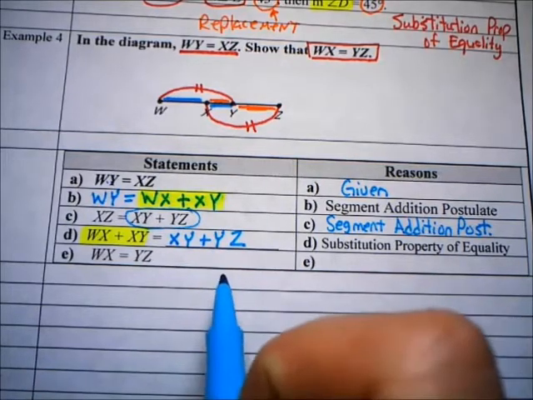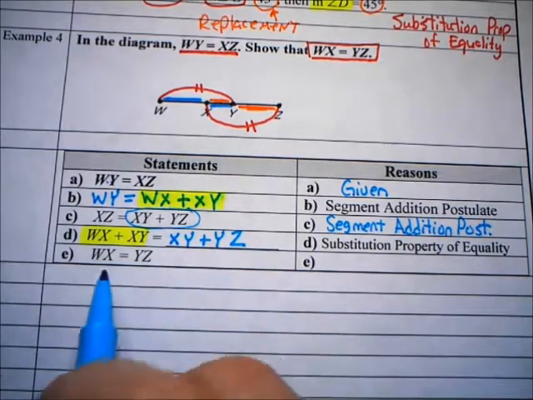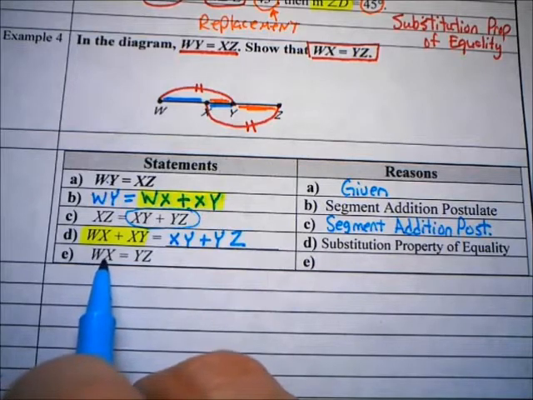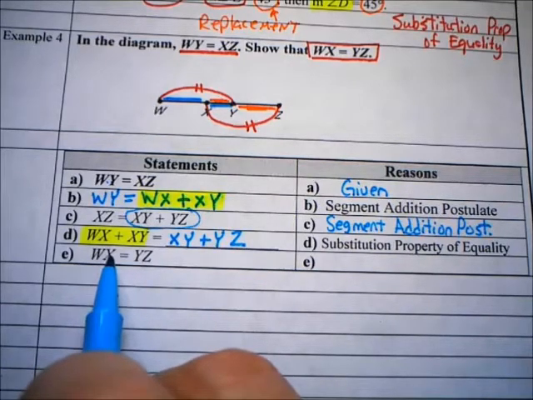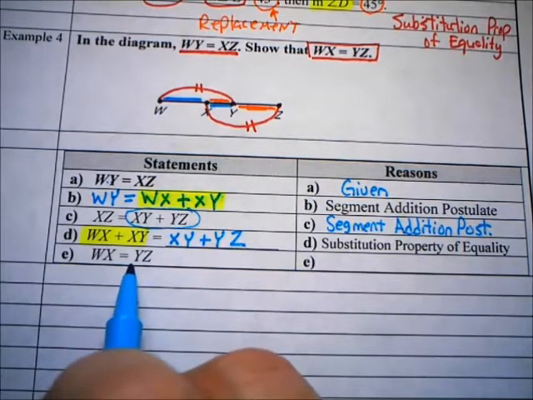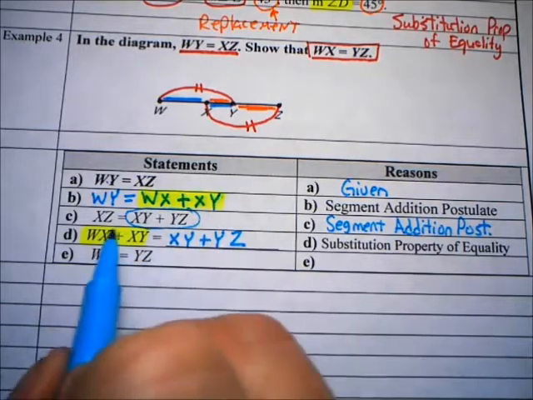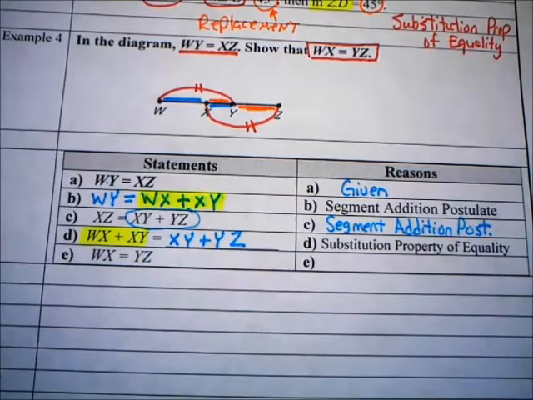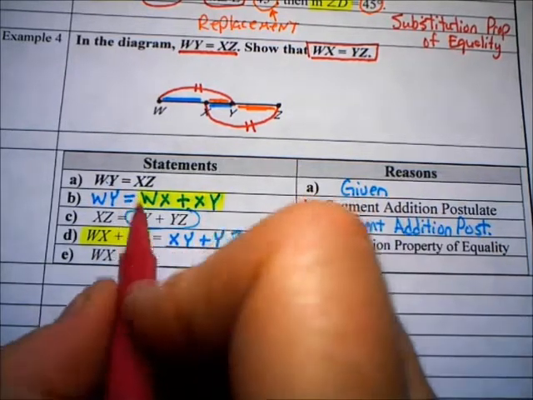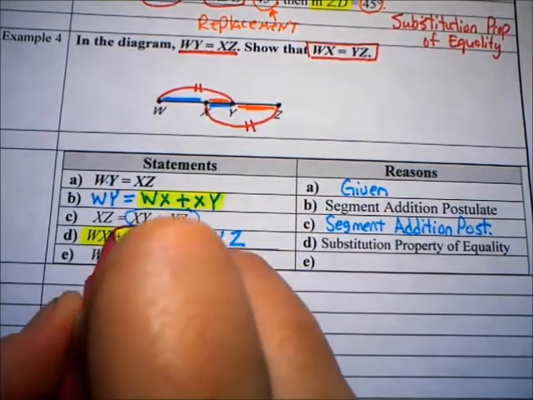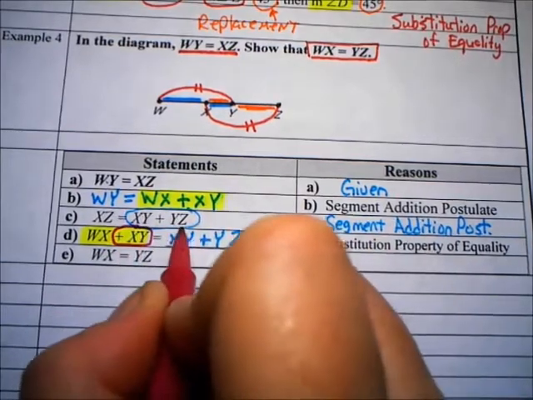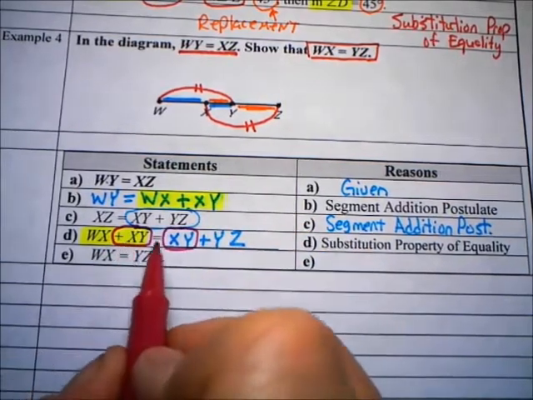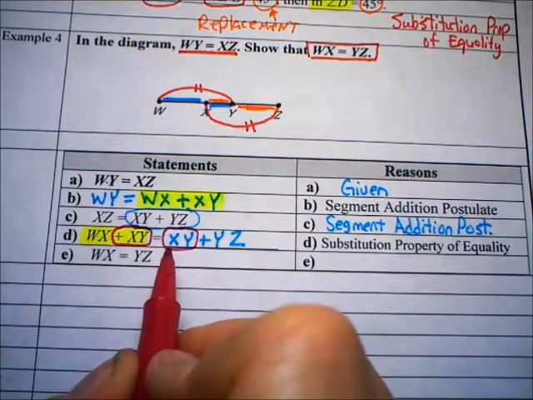Okay? Alright. Now I've got to get to WX is equal to YZ. If I'm looking at the two segments that I have on D, I do notice something, and that is I have XY on both the left and the right side.